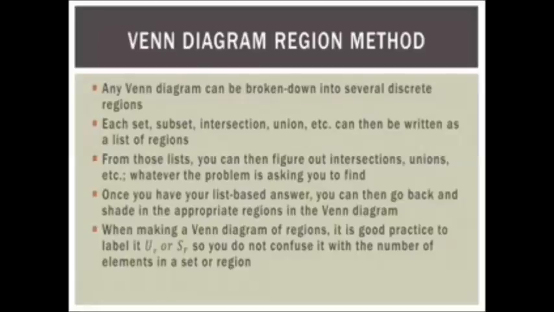So you might label the intersection as region 1, but the problem may have a 3 in that region because that's the number of elements in that region. So you want to be very careful when you're labeling your regions in your Venn diagram to keep the region labels separate from the element numbers in the problem.